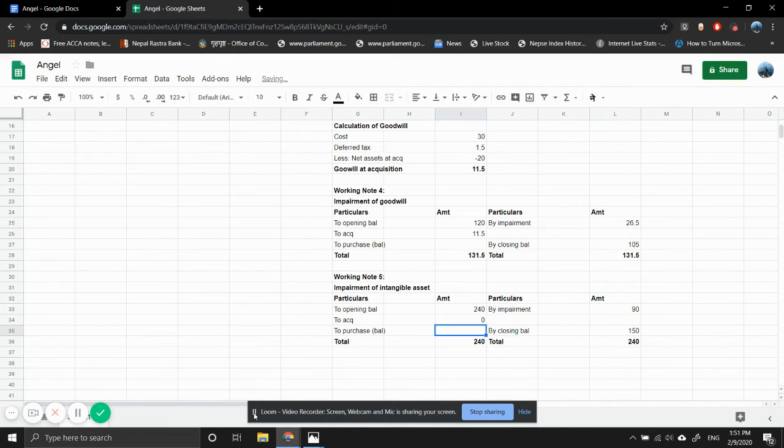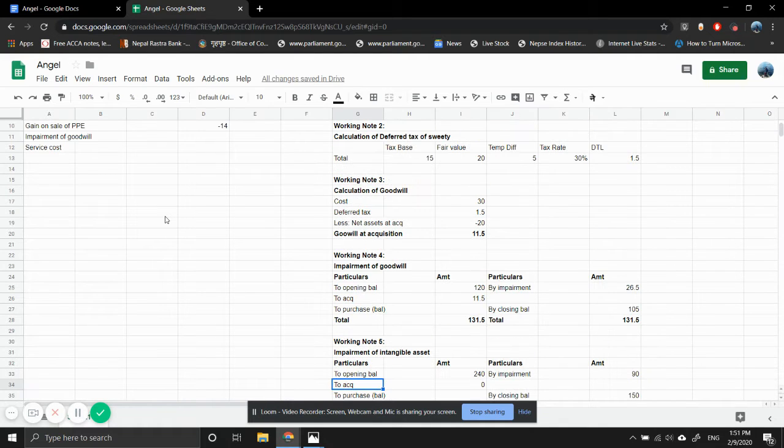That means this will be 0, since there is no acquisition, no purchase, so it will be 90. So we will need to subtract that as well. I'll move this down. Impairment of other asset.